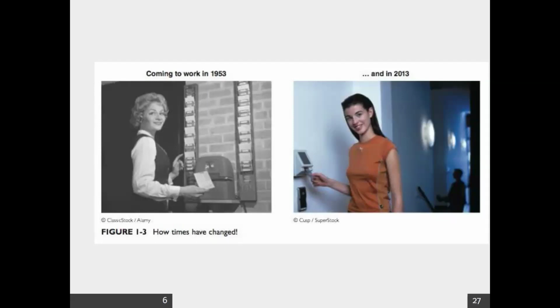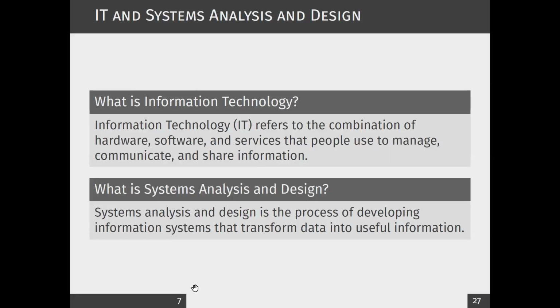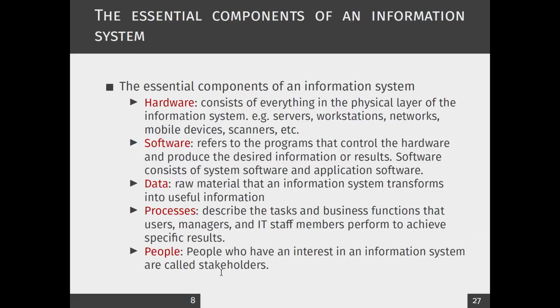And this is how technology has been used at different organization levels. And under that, we discussed what IT is and what system analysis and design is. Basically, it is the process of developing information systems. And under that, we will discuss various essential components in IT, which are hardware, software, data, processes, and people.